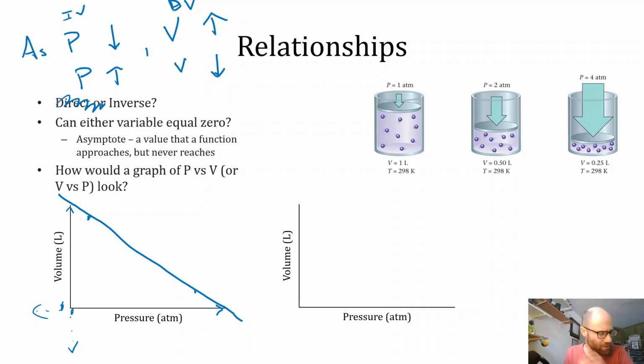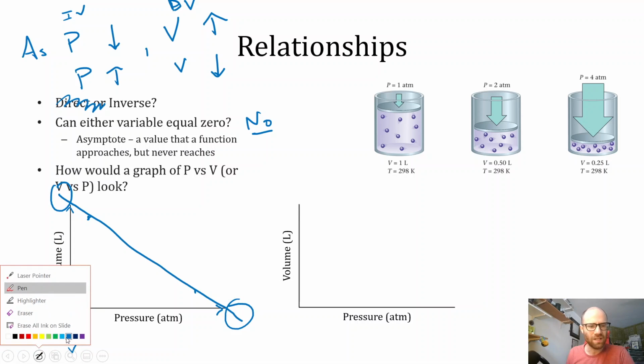And to that point, you can't have negative volume. Volume is a measure of the amount of matter present, so I don't know what negative matter is. That's not even a thing. So no, you can't really have these two areas, and this is not going to be what we go with.